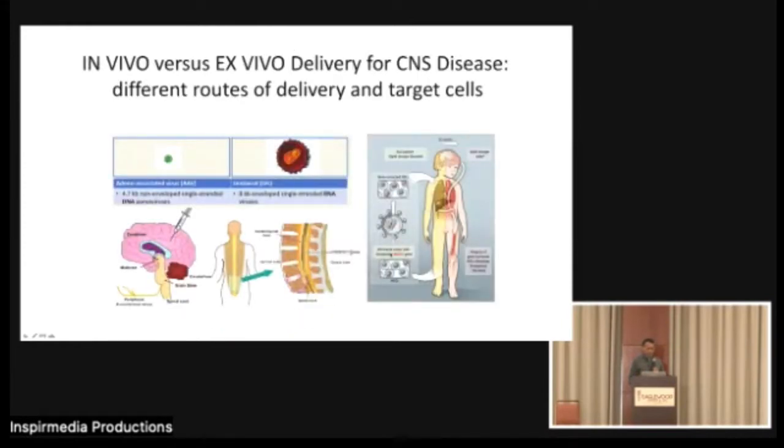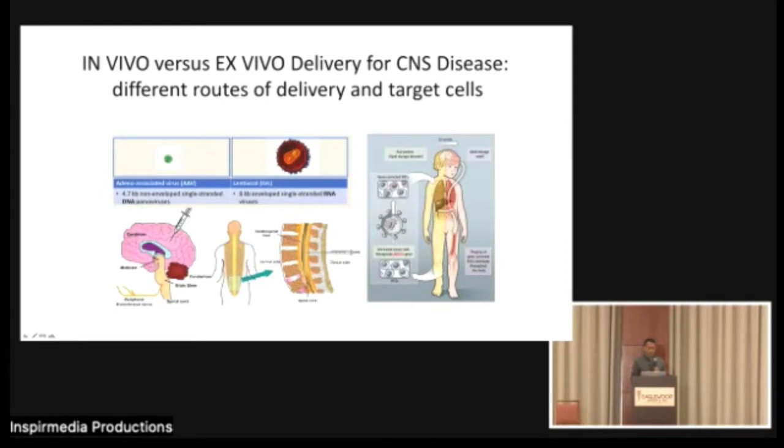Okay? Now, depending on that, you can imagine that there are different delivery routes and target cells, as I mentioned. So for anything that is delivering the virus directly, you might have to inject it into the brain. You can deliver it into the CSF space, similar to a lumbar puncture.